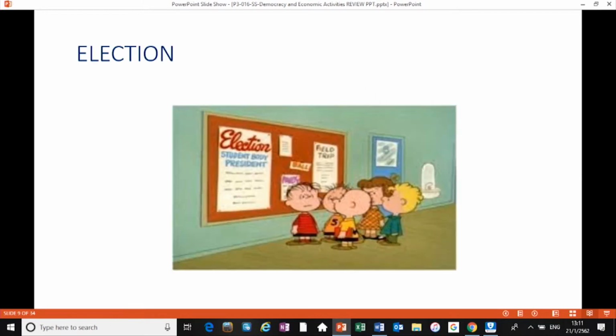And this means to have an election. For a vote, you'll have a few people, maybe 4 or 5 people to choose from. And everybody will vote for one of these people. The votes will be counted, and the person with the most votes wins. That's what's called an election.